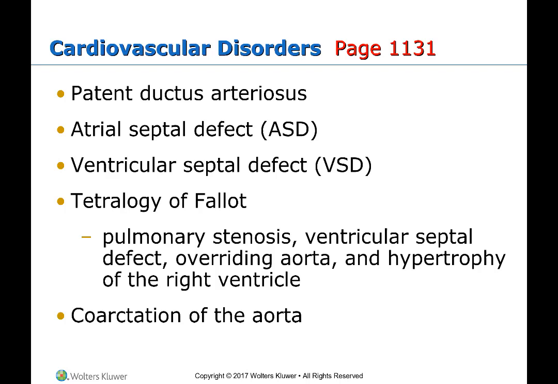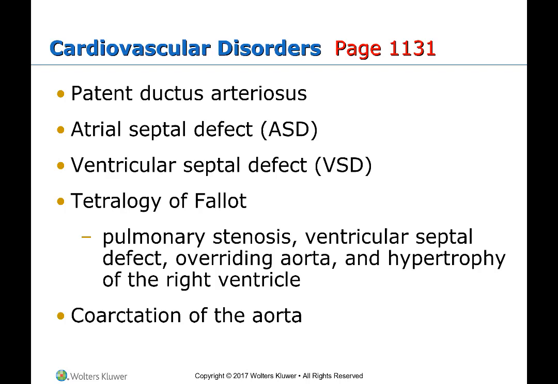Same thing. It has to do with the ventricles and the septal wall. So there is going to be abnormal openings between these chambers. There should not be an opening. But if there was a defect of the septum, that's what we're talking about here.